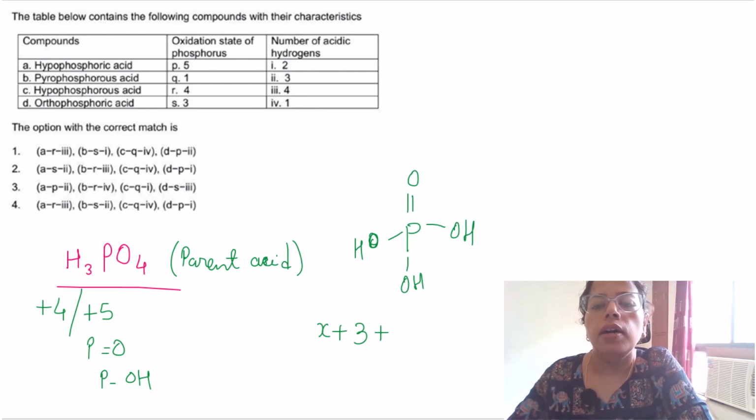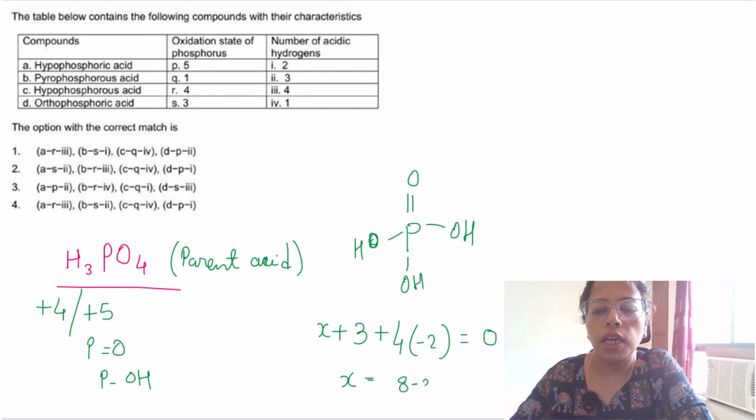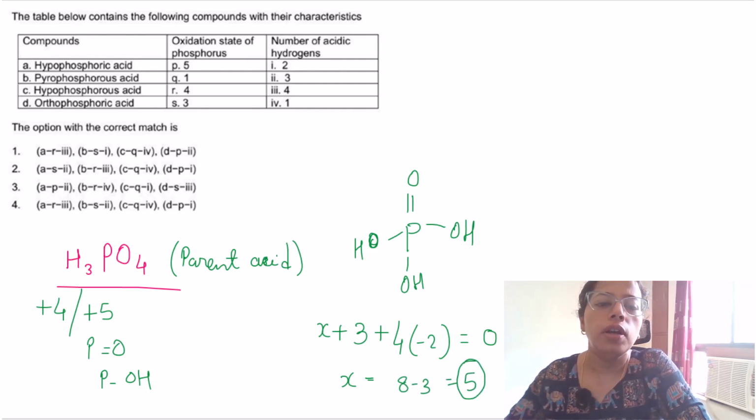And then we have -2 oxidation state for oxygen. So we have 4 oxygens, 4 into -2, and the total charge on the acid is 0. So X is equal to 8 minus 3, that is 5. So 5 oxidation state for orthophosphoric acid.